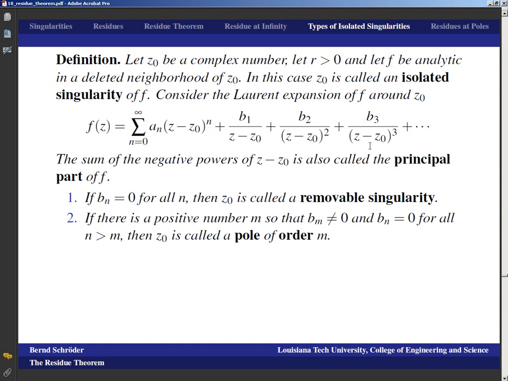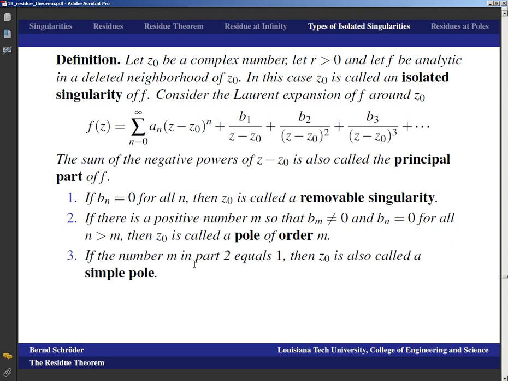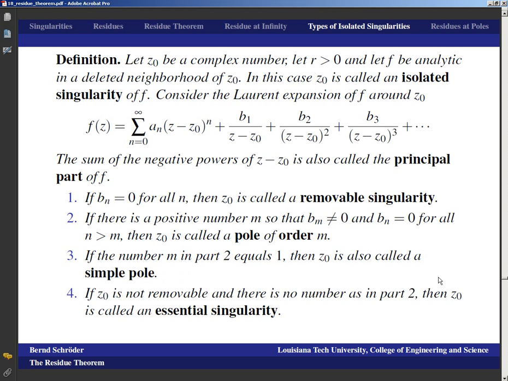And those things were called poles on the real line, and so why shouldn't we call them poles in the complex plane too? And if the number m equals 1, then z0 is also called a simple pole. Those things have a special position because they arise surprisingly often, but also because a simple pole very quickly can give you the residue, and we've got a very short Laurent expansion, of course.